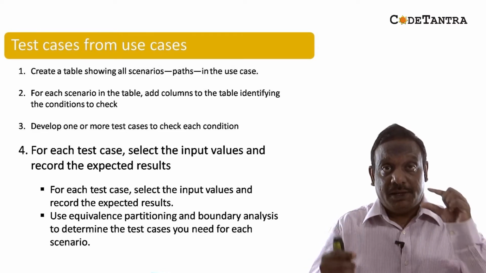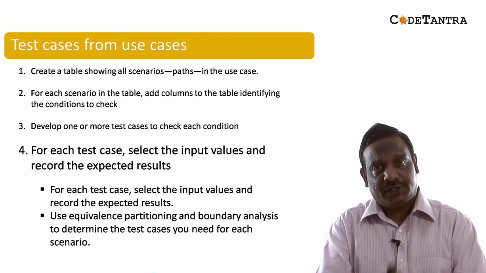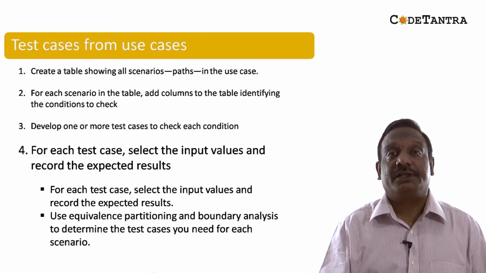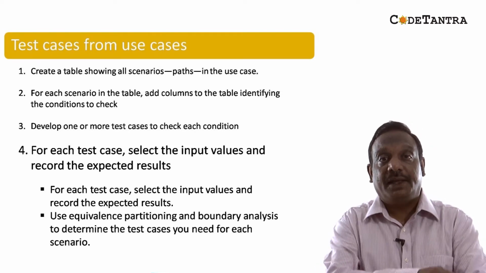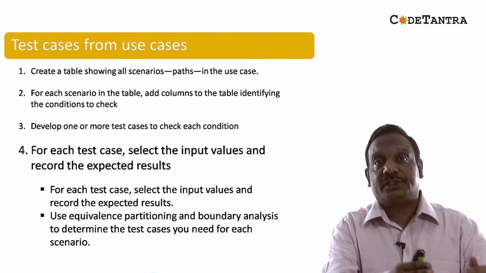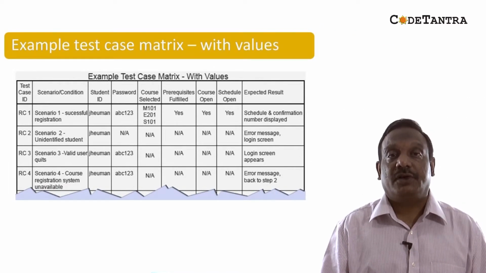So wherever input fields take a discrete or continuous numeric range, apply equivalence partitioning and boundary value analysis and make them more concrete test cases. That is how, using these four steps, you can write test cases using use case documents.